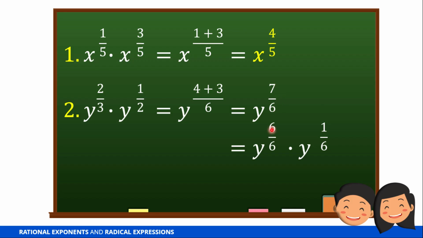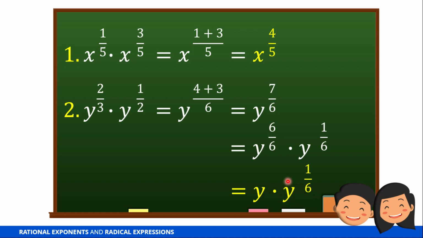So, since meron tayo ditong 6 over 6 or pwede nating i-divide yan, magiging y raised to 1 na ito or simply y. And then, may iwan syempre itong y to the 1/6 power. So, ang mangyayari, from y to the 7 over 6 power, nagkaroon tayo ng y times y to the 1/6 power.